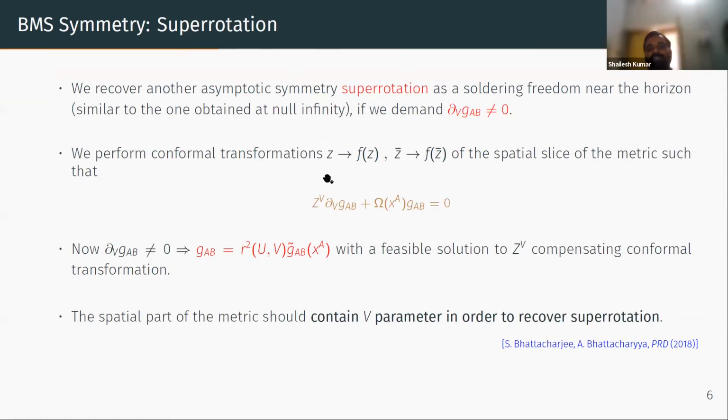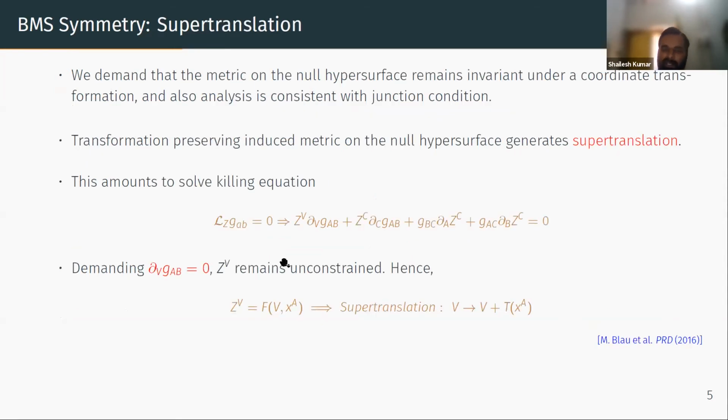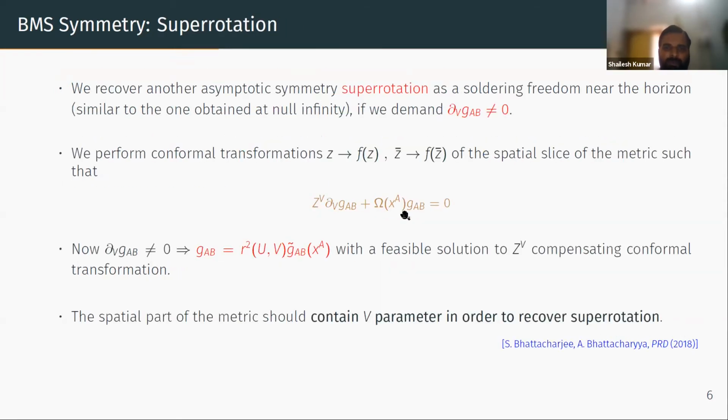So what we do is that we make a conformal transformation in the spatial slice of the metric, that is Z and Z bar, and we write the Killing equation in a more compact form with the conformal factor omega. Then we demand that this induced metric g_AB, the spatial slice of the metric, does depend on the V parameter.